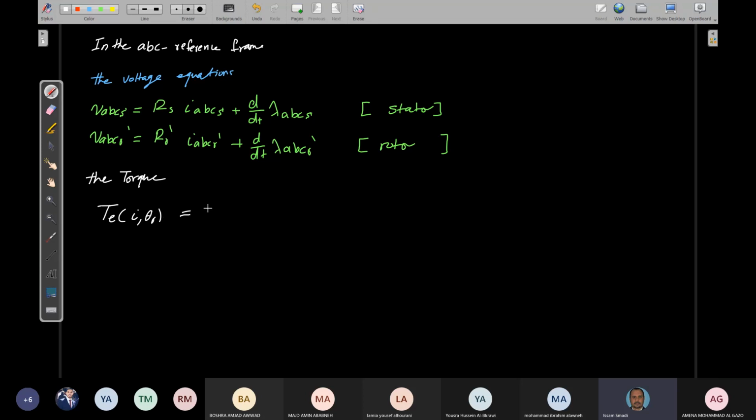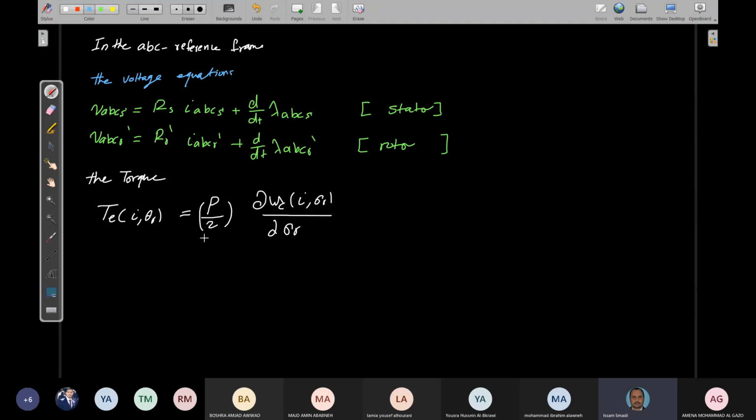We use the co-energy in order to calculate it. It was d omega_c, and omega_c was a function of i comma theta_r, over d theta_r.